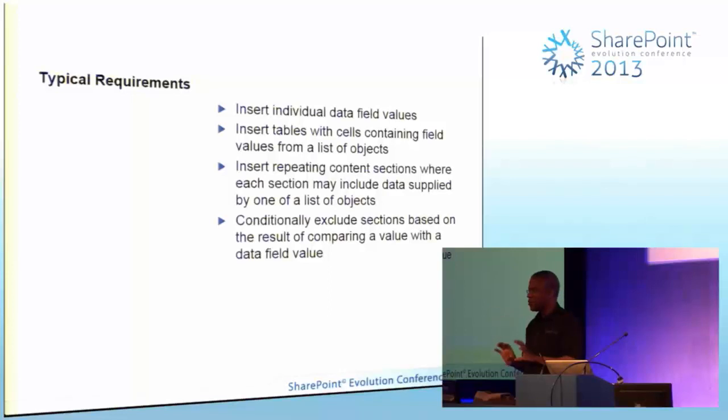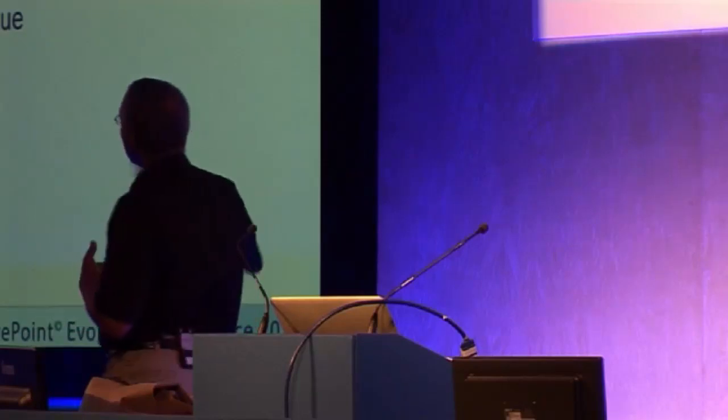It's the same basic structure, but with different substitutions in each one, repeated some number of times, presumably one section for each item in a list somewhere. Think SharePoint list, right? Got a list of things, and for each item in that list, we want to produce a section in the document, right?